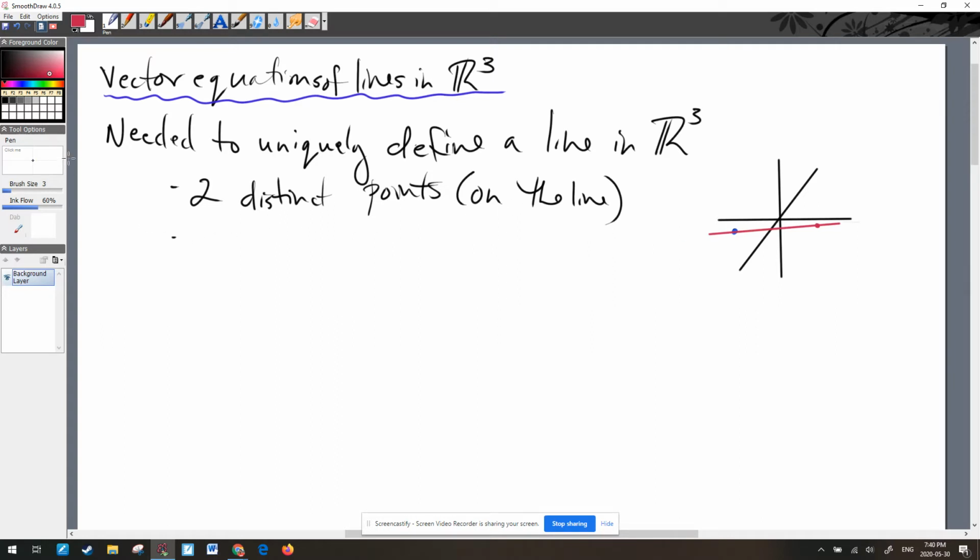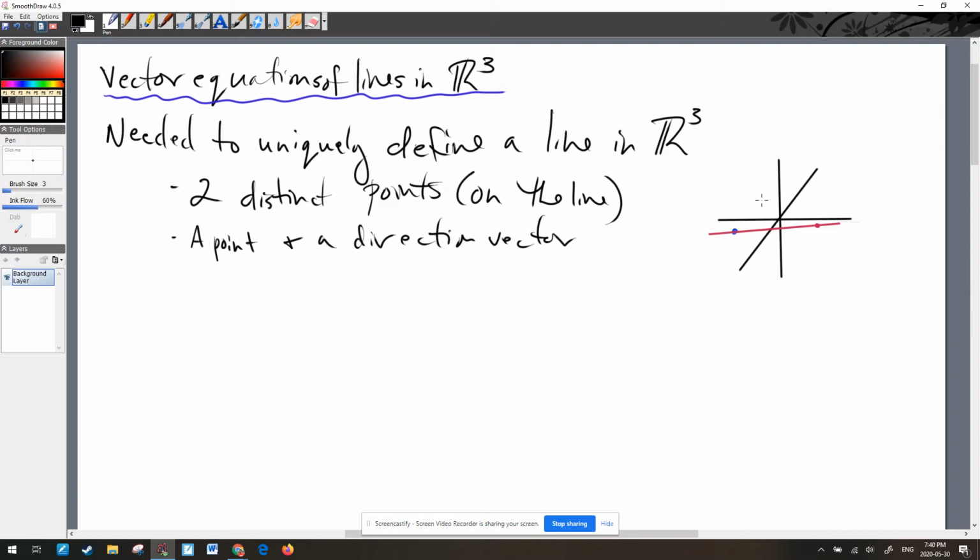And then the other way that we could do it is we could have a point and a direction vector. And so that harkens back to what we just did with the lines in R2.